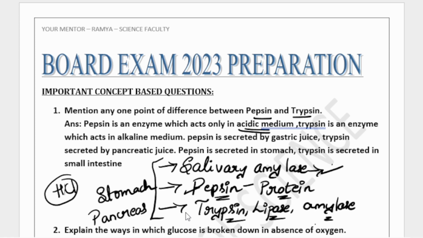Secondly, when I talk about trypsin, trypsin will work in the alkaline medium, because when food from the stomach enters the next level, that is the small intestine, the acidic food gets converted into an alkaline medium, my dear students. So trypsin works in the alkaline medium, and pepsin works in the acidic medium.